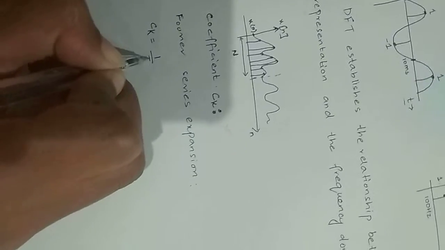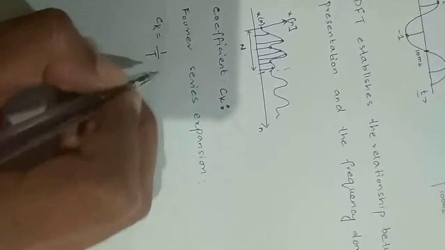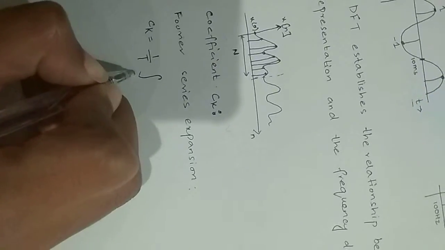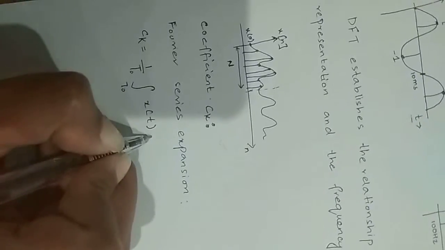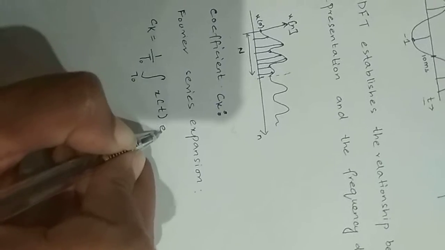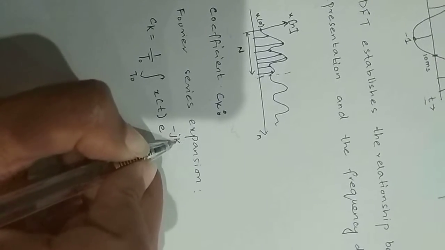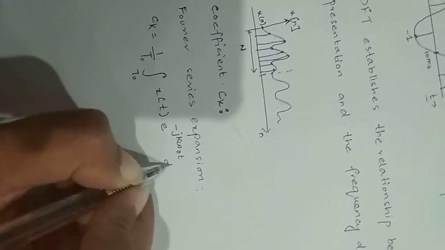We have C of k over the time interval T naught, x of t and e raised to the power minus j k omega naught t dt.